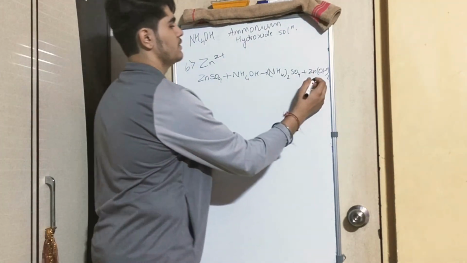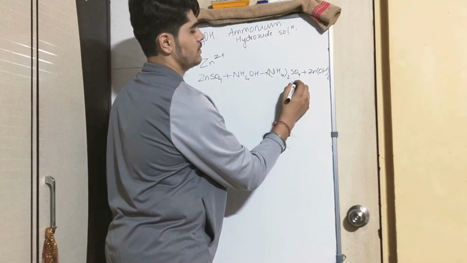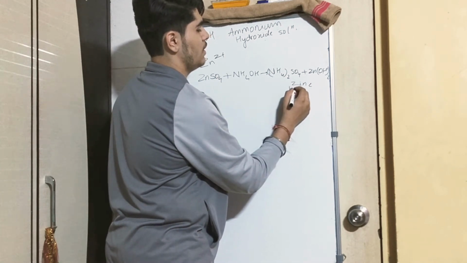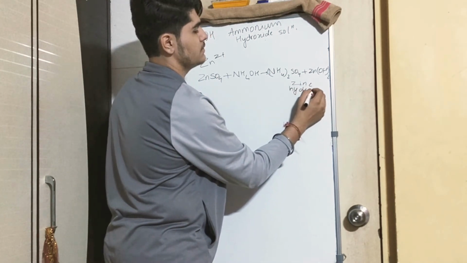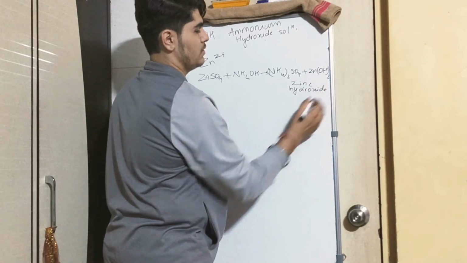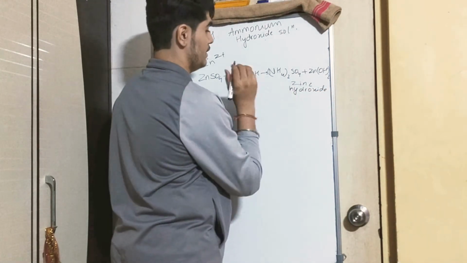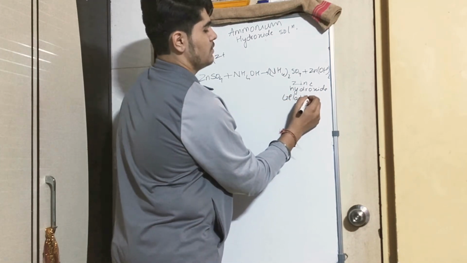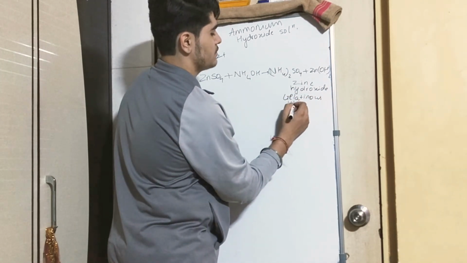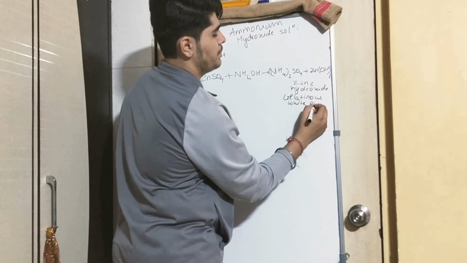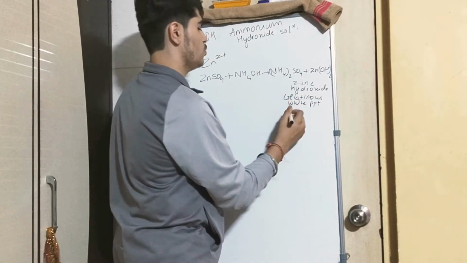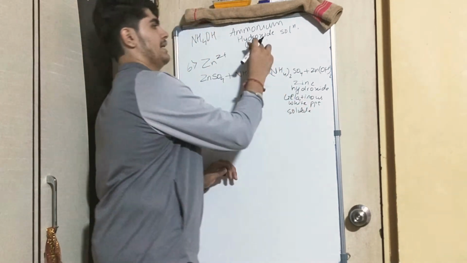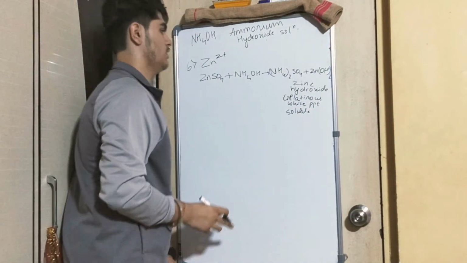Getting it? This is zinc hydroxide. This is gelatinous white precipitate. It is soluble in excess of ammonium hydroxide solution.